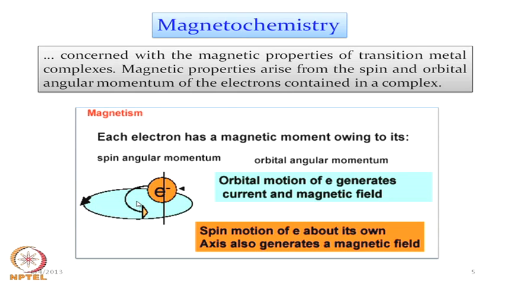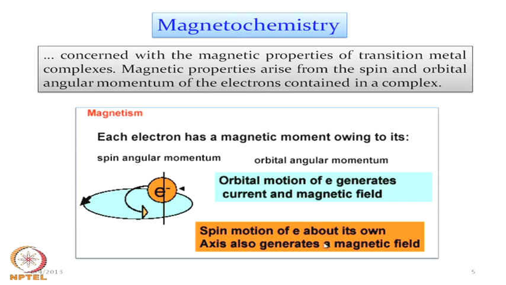The nucleus, which is the positively charged part, is present at the very center of this orbit, and due to its typical motion in different orbitals, be it 3d, 4d or 5d orbitals, with different sizes and orientations for the different levels, we are able to generate the corresponding current and magnetic field due to this orbital motion of the electron.